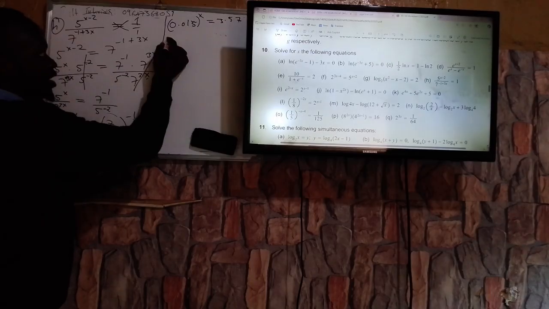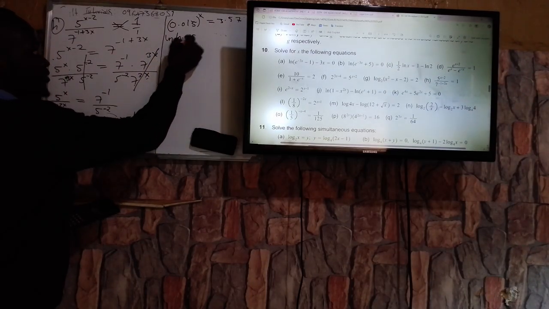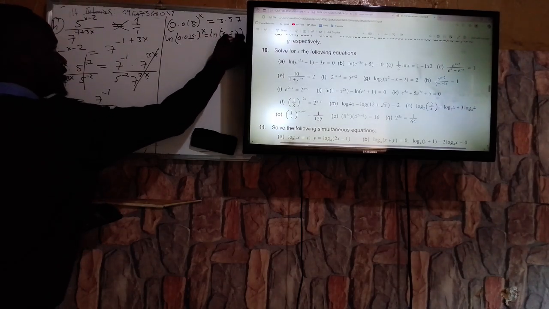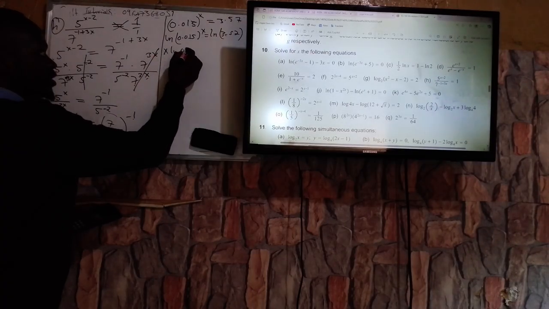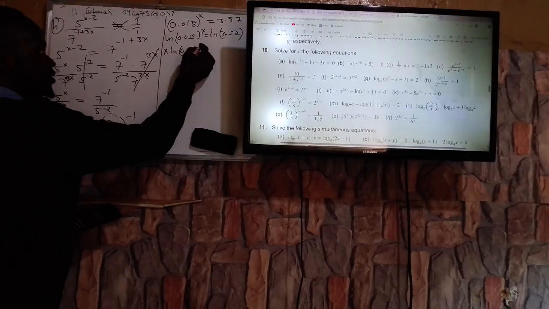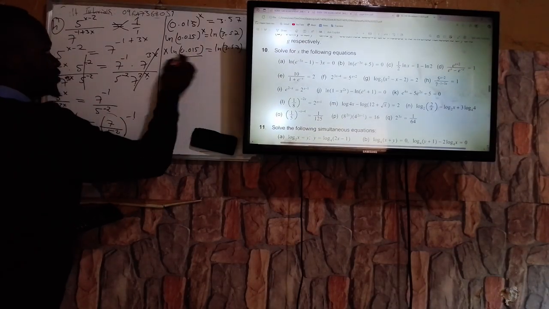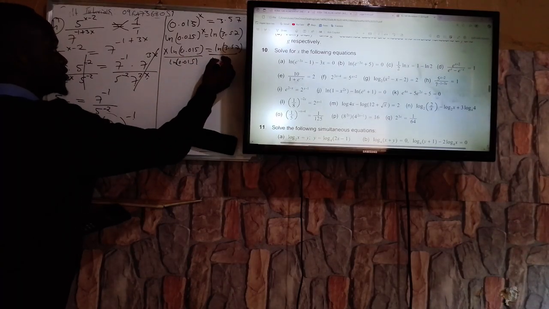Natural log on both sides, natural log of 0.015 power x equals the natural log of 3.57. X drops down, x times the natural log of 0.015 is equal to the natural log of 3.57, over natural log of 0.015.